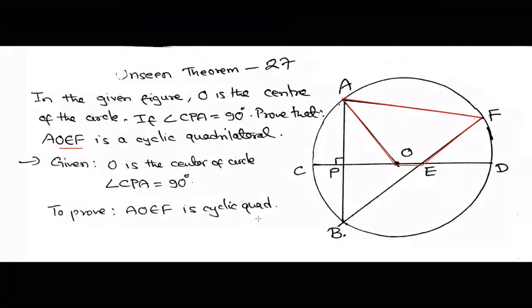So last time also I told you about cyclic quadrilaterals. Either the sum of the opposite angles must be 180 degrees, or the angles must be equal, the upper angles equal to each other and the lower angles equal to each other.